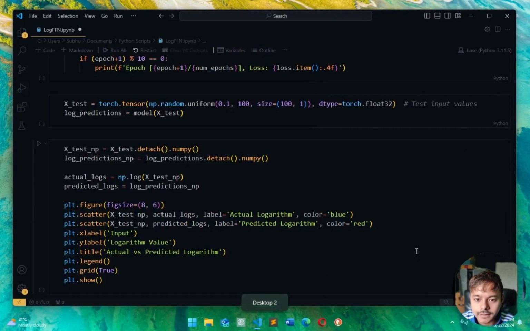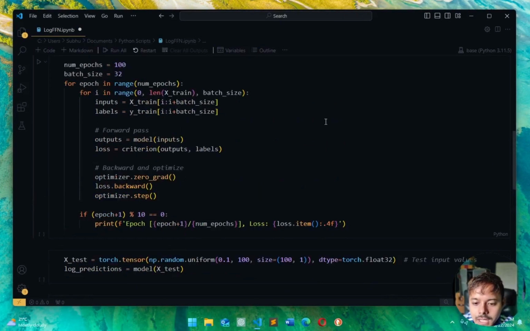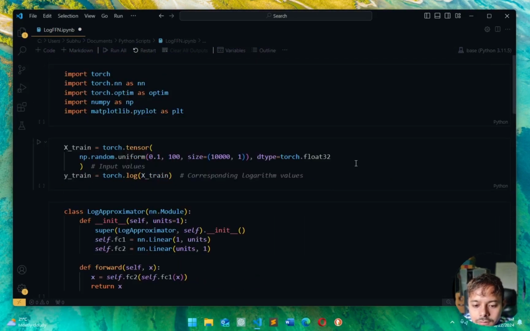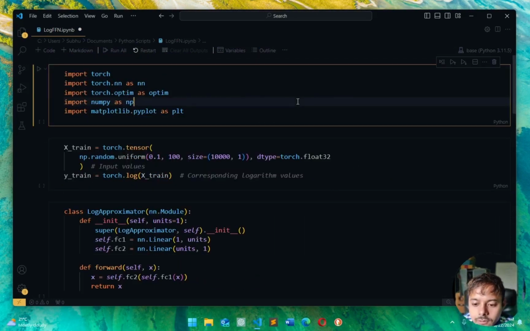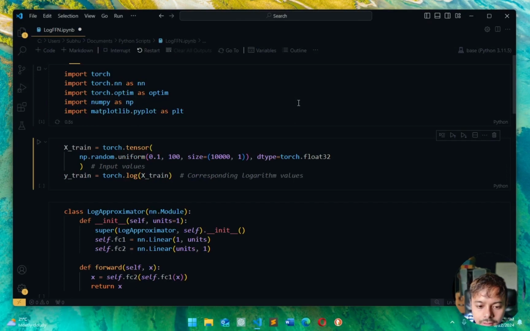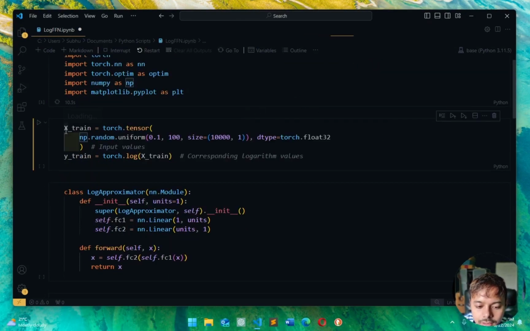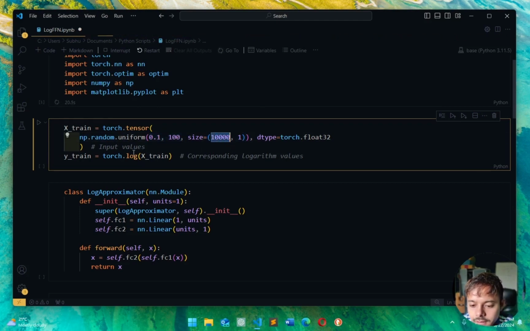Let's have some code. I've already written the code so that I don't waste time on it. Let's import some libraries that we're going to use, and here is the input that I have randomly sampled between the range 0.1 and 100 with a sample size of 10,000, and this is the Y train, which is the actual log value.